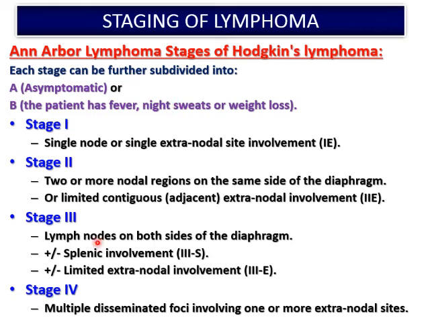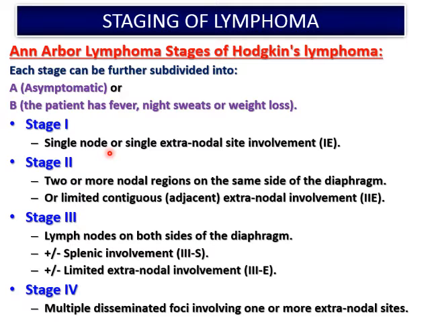We have 4 stages in Hodgkin lymphoma, from stage 1 to stage 4, and each stage can be subdivided into A or B. A if the patient has no symptoms, asymptomatic, but if the patient has symptoms like fever, night sweats, loss of weight, loss of appetite, we subdivide the stage into B. So each stage, like stage 1, may be stage 1A if the patient has no symptoms, or stage 1B if the patient has symptoms. Also stage 2 may be stage 2A or B, stage 3 also A or B, stage 4 also A or B, according to presence or absence of symptoms.